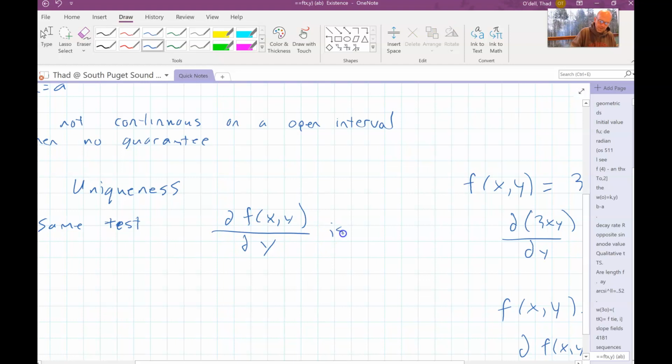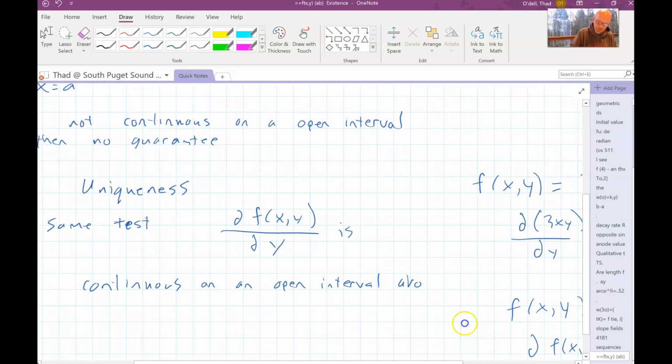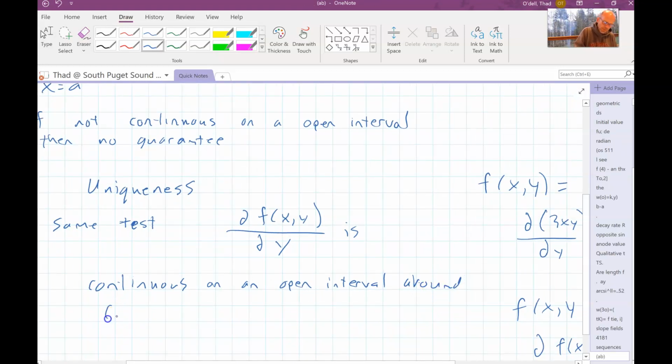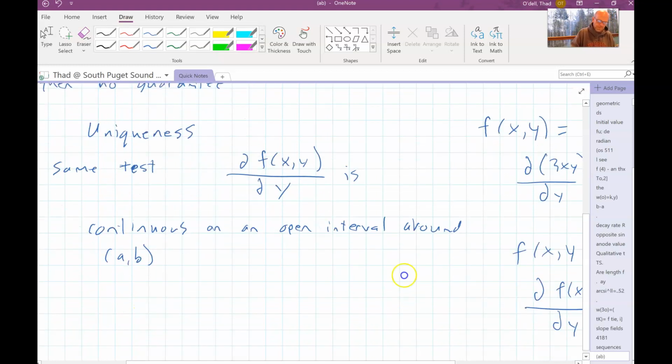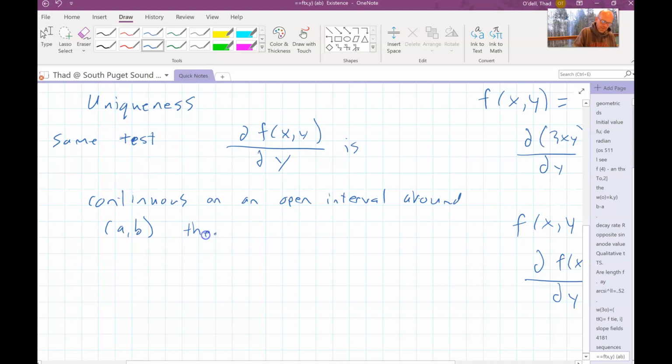If this is continuous on an open interval around that same point, a comma b, then there is a unique solution, which means there's only one solution.